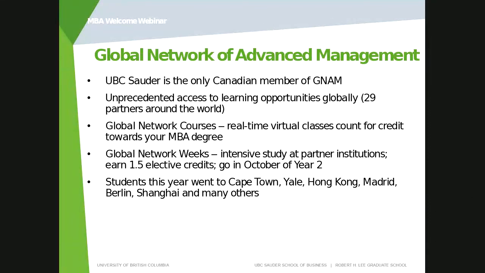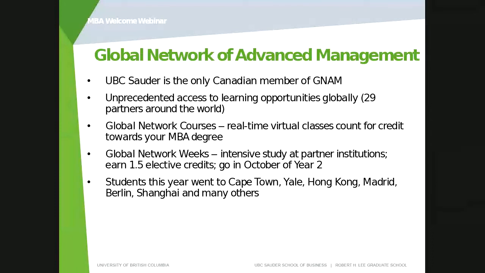You will be able to start these courses from January of 2018, but you will see that usually the courses are focused on really exciting topics that you might not be able to get otherwise, and they are done at the time that it's convenient for most of the students, and you can do it from your home or office or at the school, and there is no travel and time commitment. The Global Network Weeks are actually intensive one-week study at partner institutions that happen face-to-face.